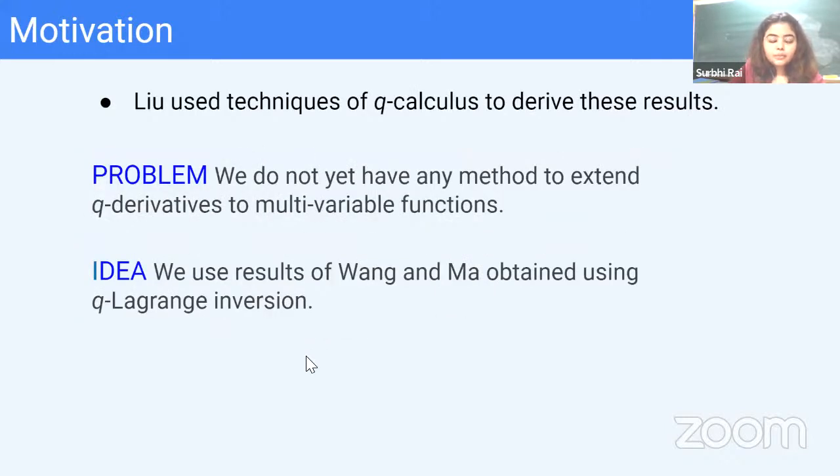And we observed that Liu proved his results based on a q-expansion formula, which he derived using the q-derivative operator. However, the problem is that we don't yet have any technique to extend q-derivative operators to multivariable functions.